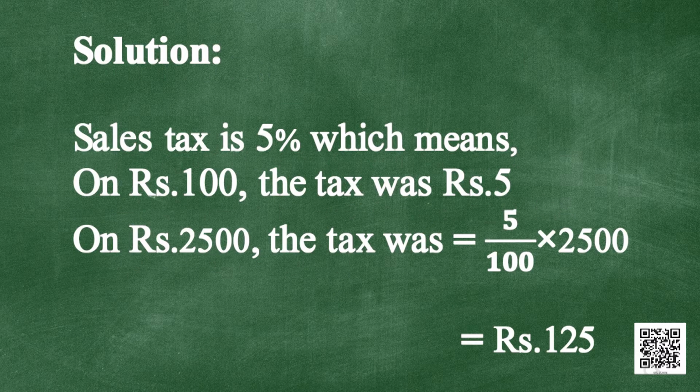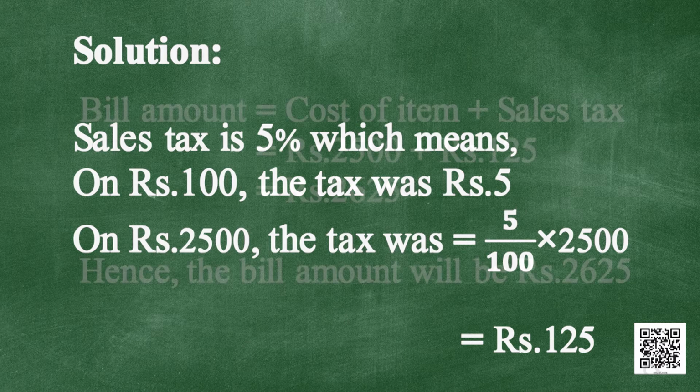Students, observe the sales tax, which is 5%. That means on rupees 100 the tax was rupees 5. Therefore, on rupees 2,500 the tax was 5 divided by 100 multiplied with 2,500. On simplification, we get this as rupees 125.